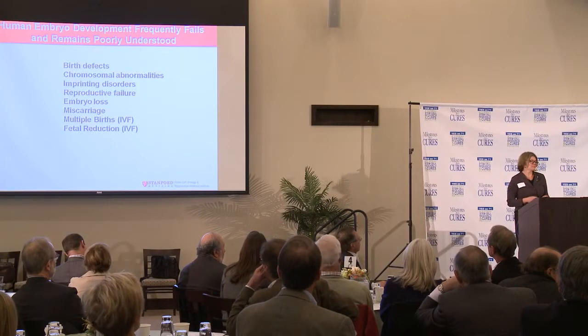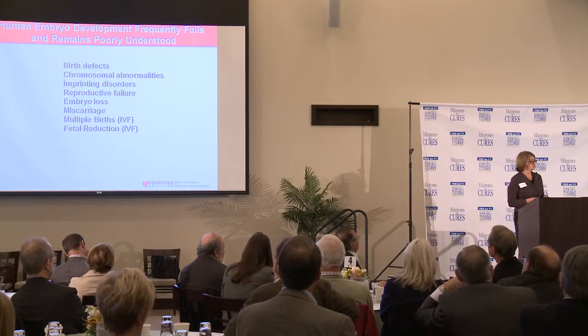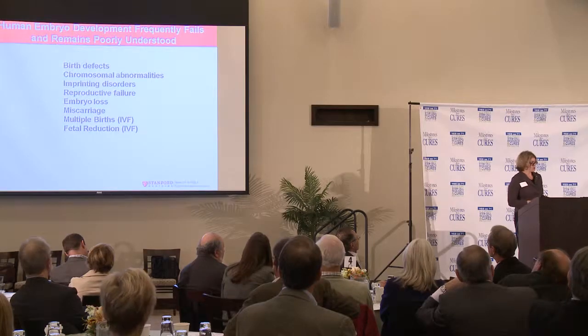And associated with in vitro fertilization, there are two really troubling things. One is that nearly 40% of births are multiple births, meaning that there's twins or triplets or greater, and the multiples often have great complications. From prematurity, low birth weights, cerebral palsy, there's a number of complications to multiples.